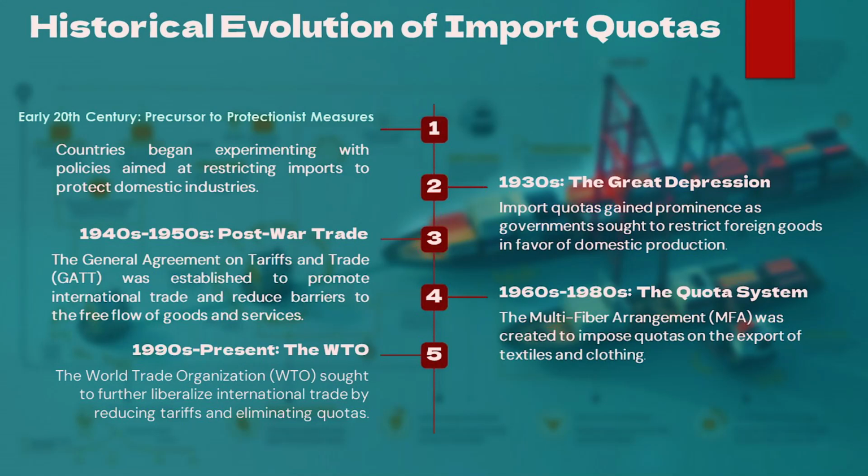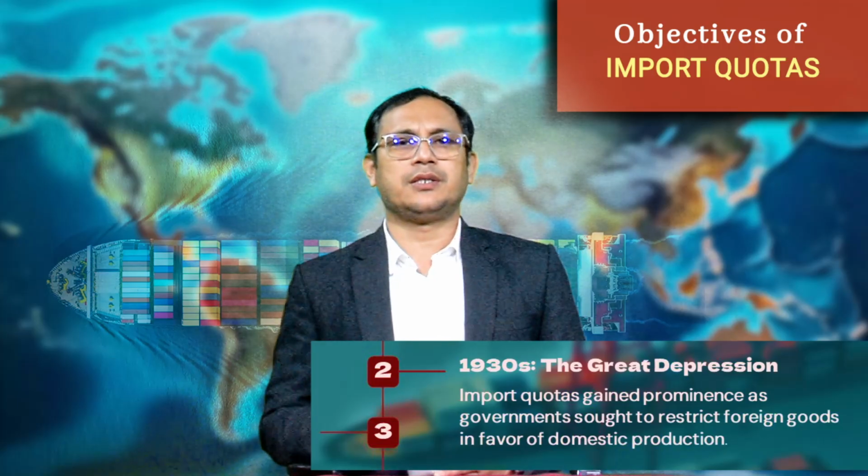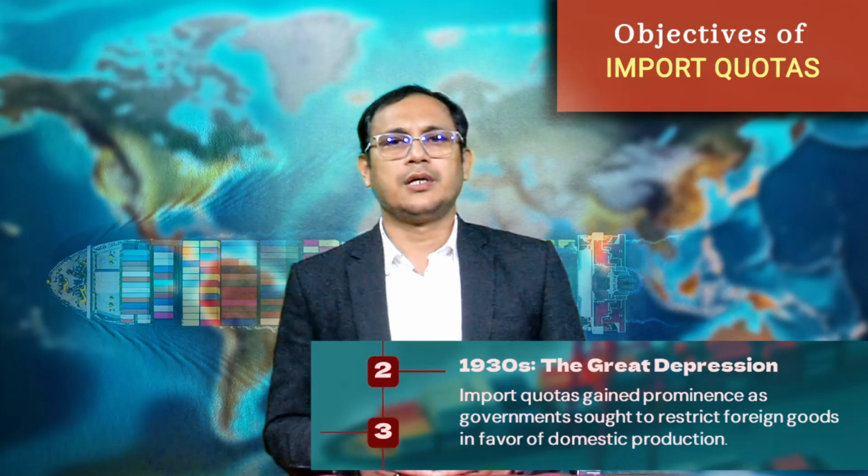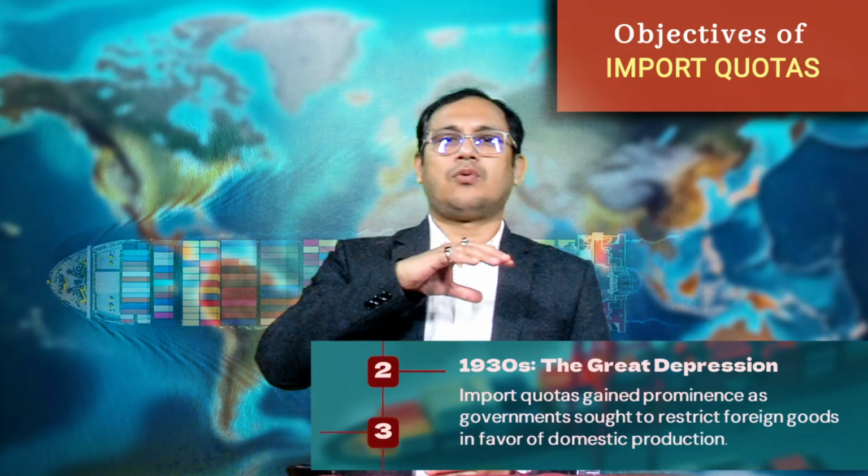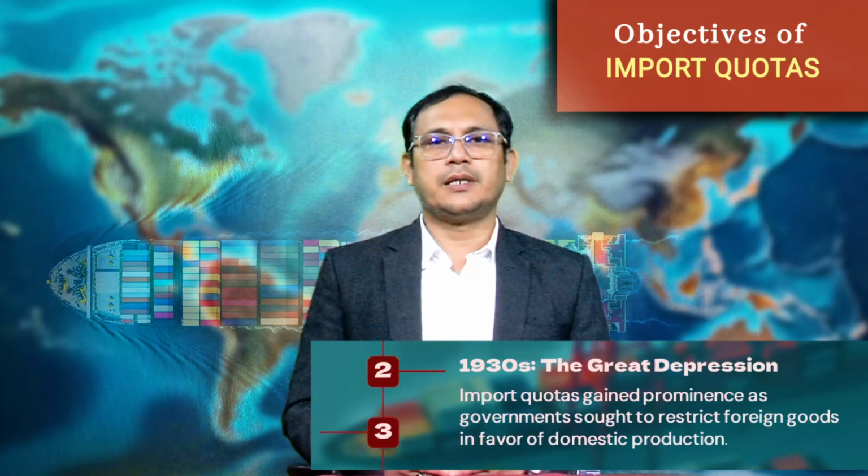Now next we will discuss the 1930s. This decade is known as the decade of the Great Depression and the rise of protectionism. I think all of you know that during that period, the whole world experienced a Great Depression.